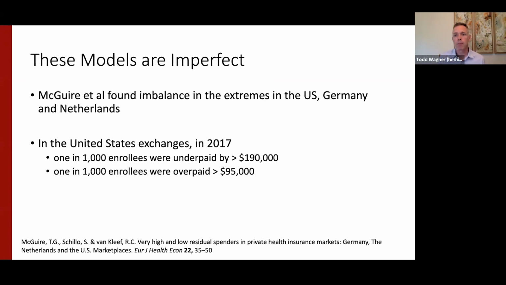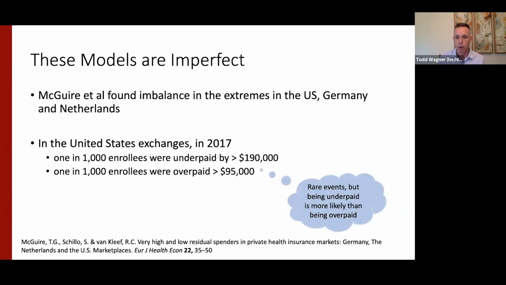So if you're a private physician curious about how you're going to get paid, you have to pay a lot of attention to risk, because you don't want to be underpaid by a huge amount that would be catastrophic for the success of your system, and trying to manage what's happening at the extremes is really important. These are rare events, but like I said, being underpaid is incredibly important, and it's more likely than being overpaid.